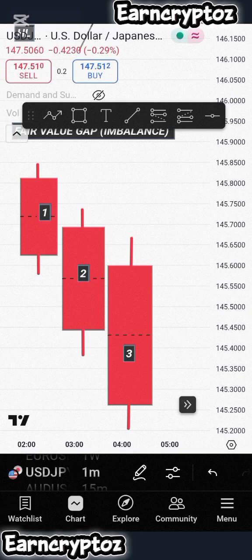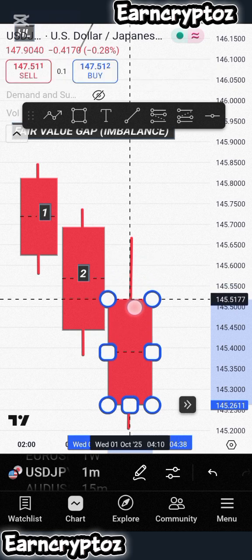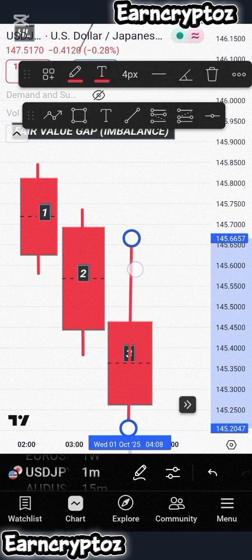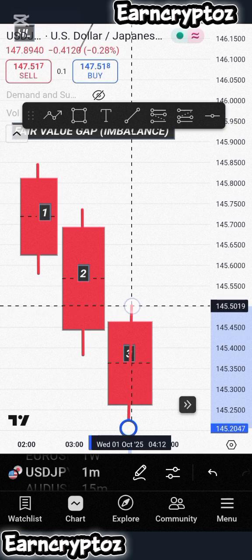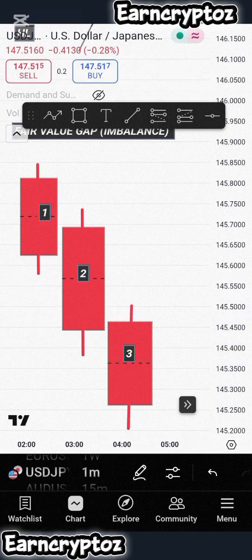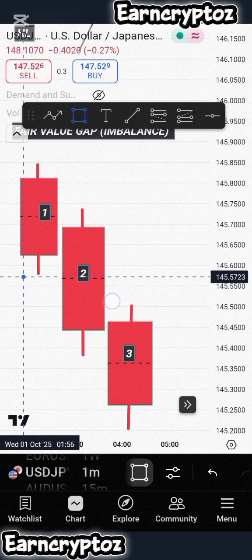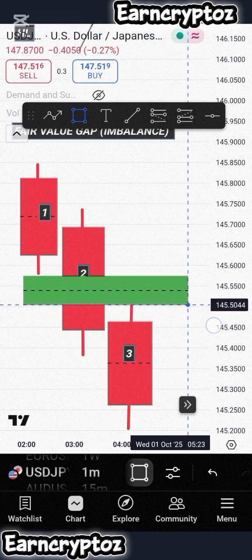But when we have a situation where it is not balanced, meaning candle 3 is not touching or overlapping candle 1, that is an imbalance. You will usually see a gap somewhere between candle 1 and candle 3.